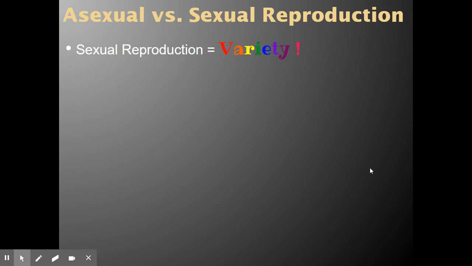All right. So I'm going to talk about the advantages and disadvantages of sexual and asexual reproduction now. Sexual reproduction, the main thing to it is that it provides variety. We have 3 sources where that variety can come from.